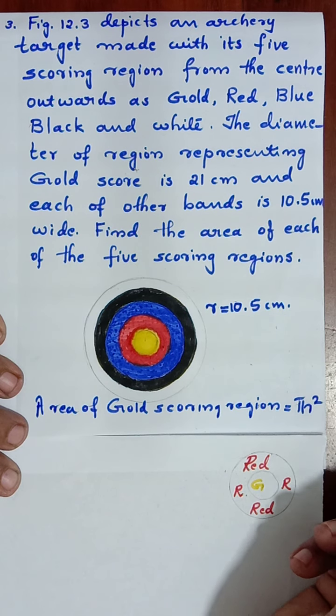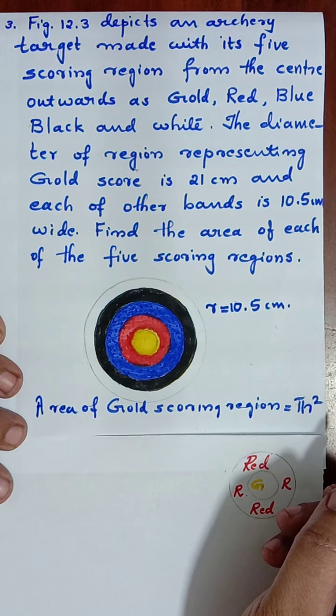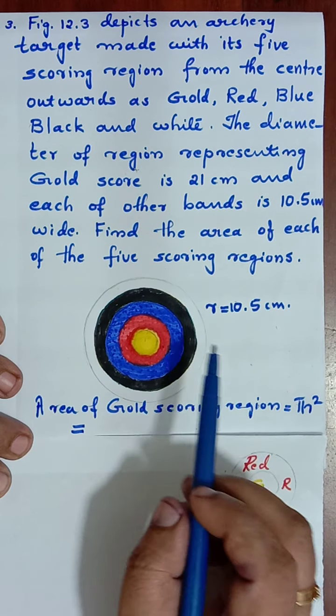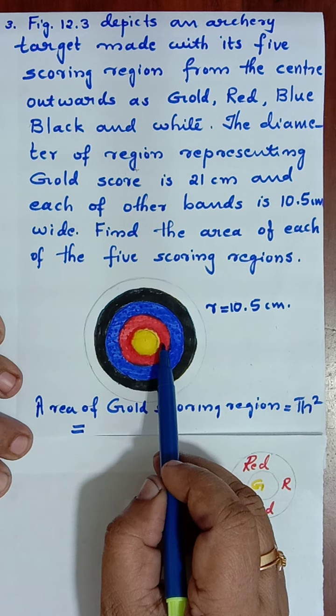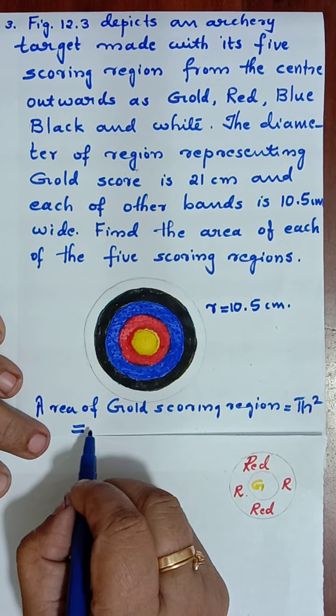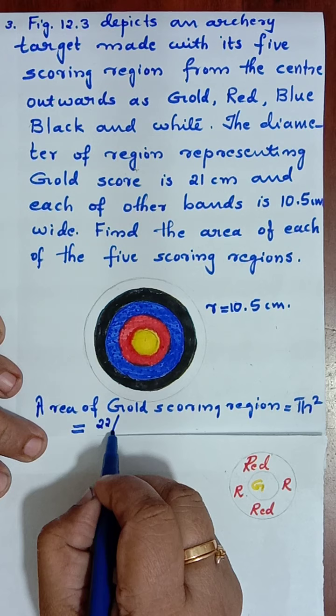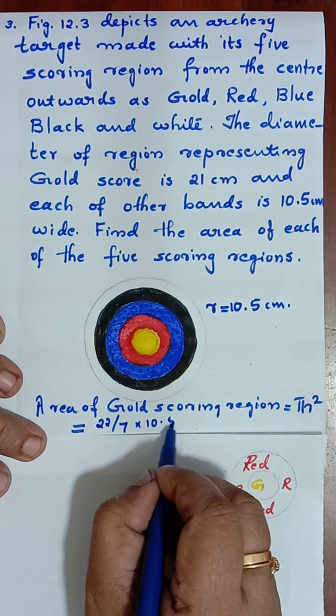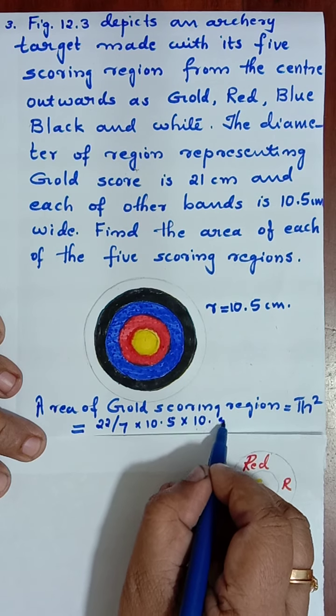Pi r square is the area formula. So let us substitute the value. Here diameter is given as 21 centimeter, therefore radius is 10.5. Pi is 22 by 7 into 10.5 into 10.5.